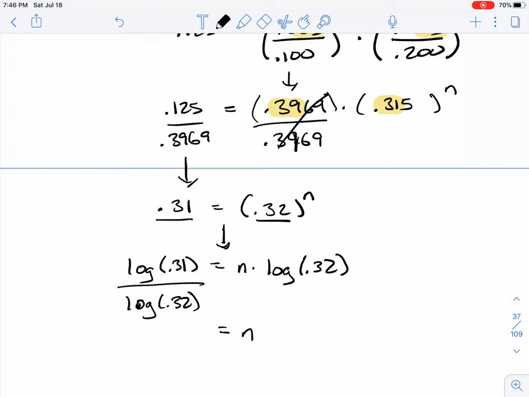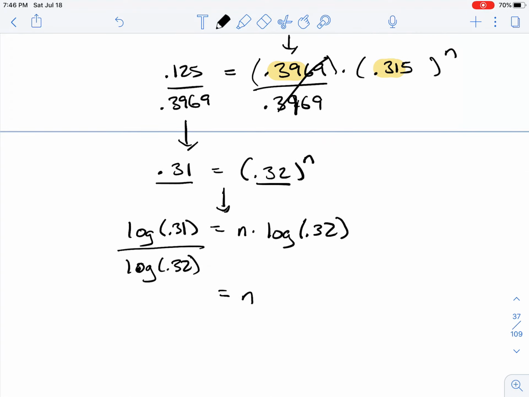Okay. So if you guys plug that into your calculator, log of 0.31 divided by log of 0.32, you guys will get a value that is 1.0278, and the list goes on.